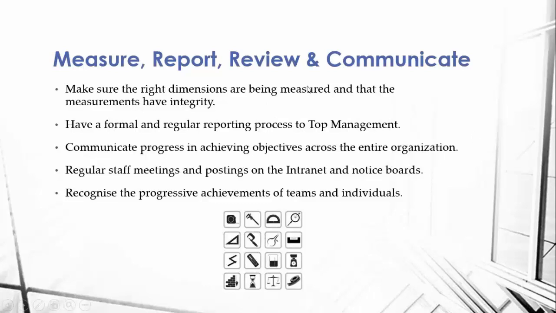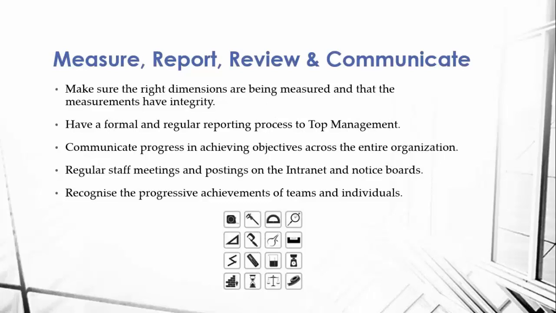And part of the buy-in with top management is having a regular reporting mechanism to top management. Your system may say we review our objectives, targets and progress once every 6 or 12 months. Well, that's not often enough, if you're serious about it. Progress should be reported monthly, like your financial performance.